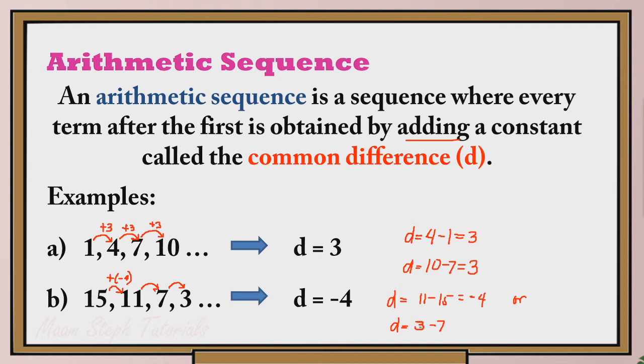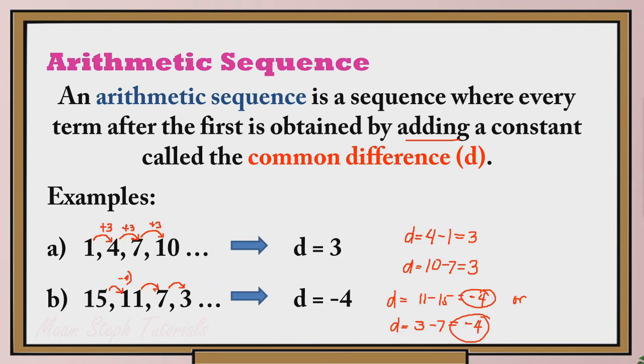Yung kasunod ng 7, so yun yung mauuna nating isulat, 3 minus 7, that is still negative 4. So, consistent yung ating negative 4 sa ating arithmetic sequence. Kaya, if we want to get another term next to 3, so alam na natin yung gagawin, we will just subtract 4 or add negative 4 to 3.